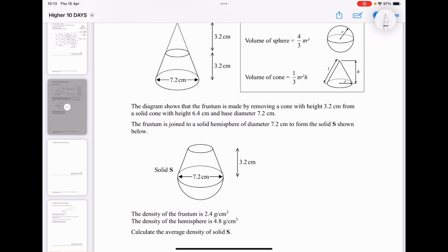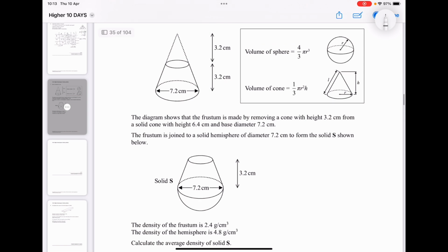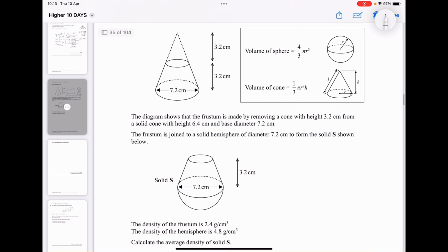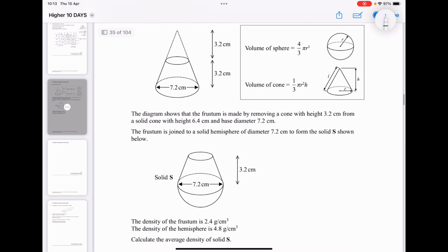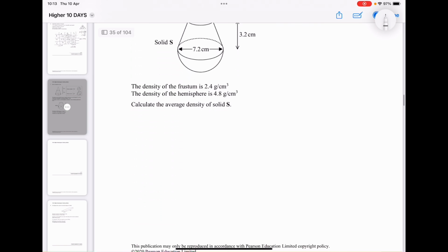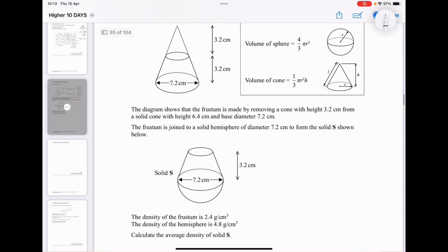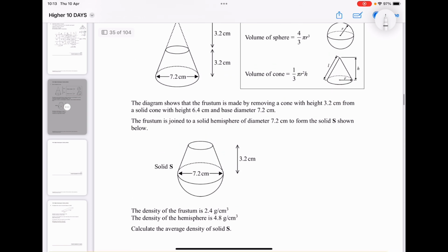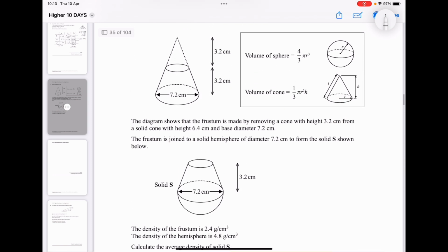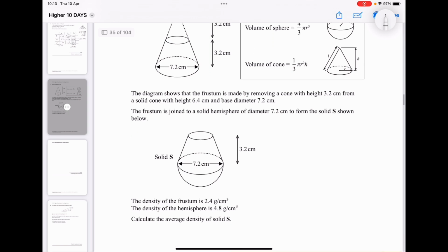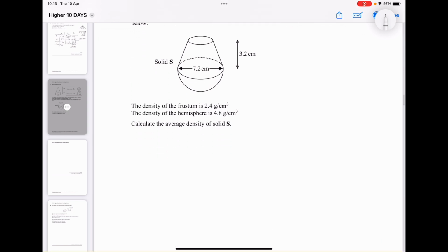Okay, so we've got a volume question really. So let's set this up as we had before. We've got the frustum, we've got the hemisphere, and we've got the solid, we'll call it.